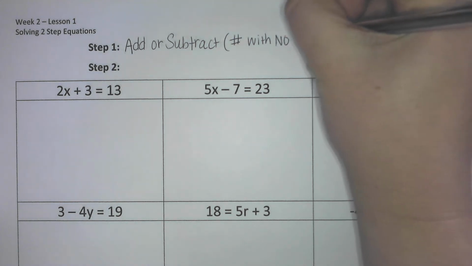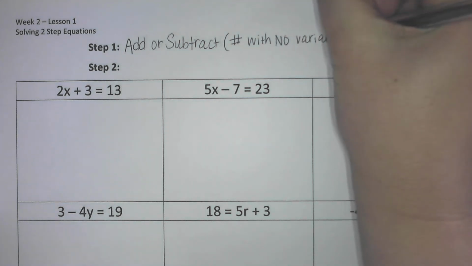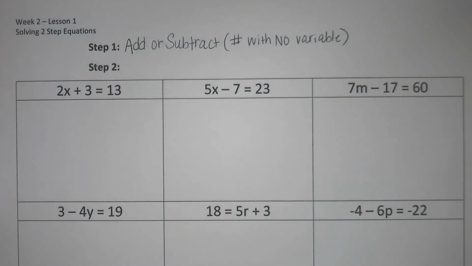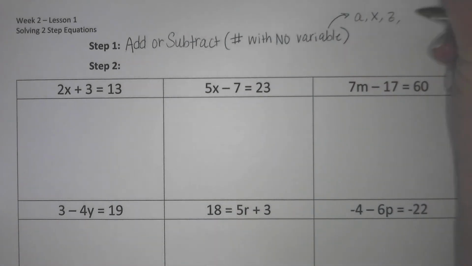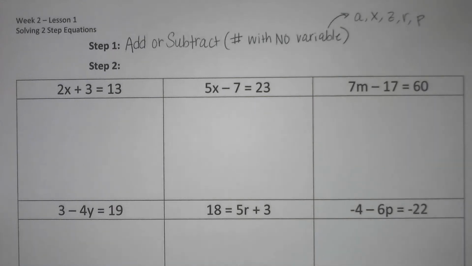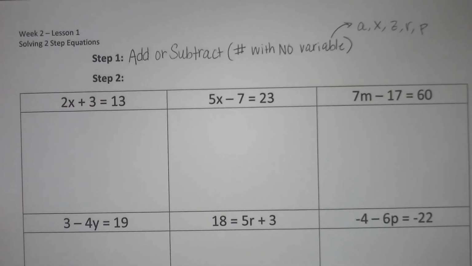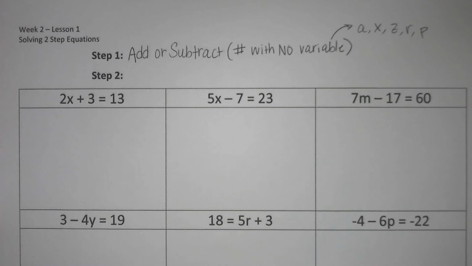Remember, a variable could be like a, x, z, r, p, whatever the letter is that they give you, that's the variable. So you want to add or subtract the number that has no letter with it, okay?